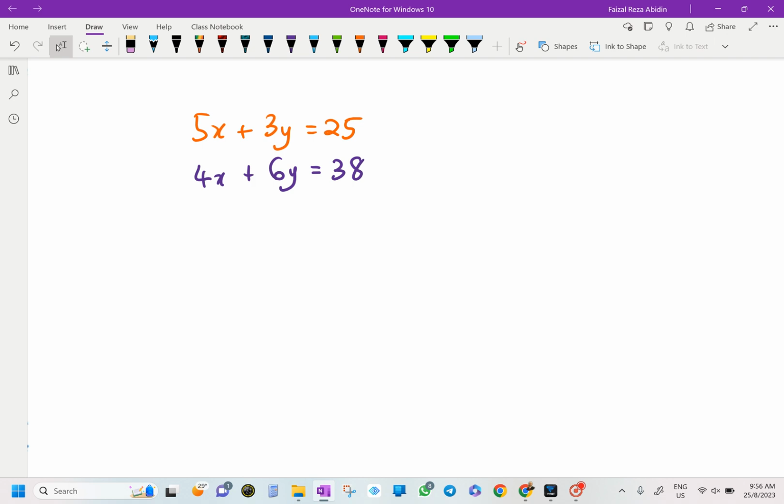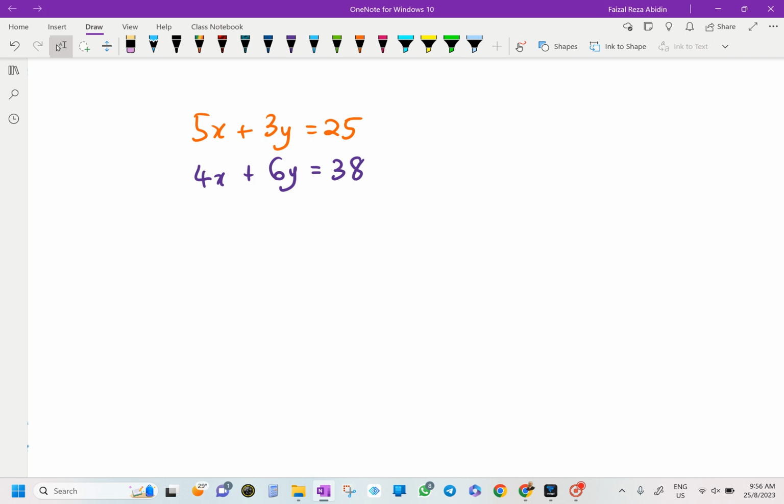Okay, for the elimination, my advice is we look for the simple one. Which one can we make the same coefficient? If you look at x, you have 5 times by 4, 4 times by 5, which gives a different equation.